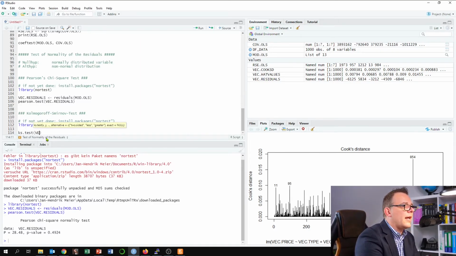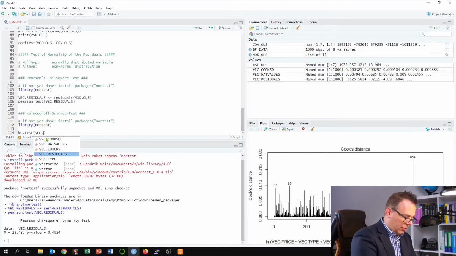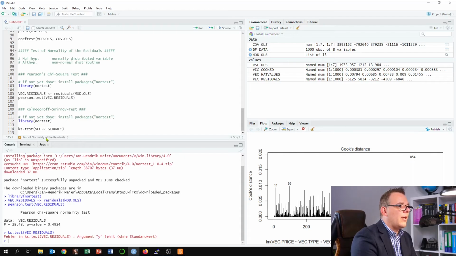And of course I hand over the vector residuals here and run this. Of course, I forgot. I have to hand over the function rnorm. That means we have a normal distribution.